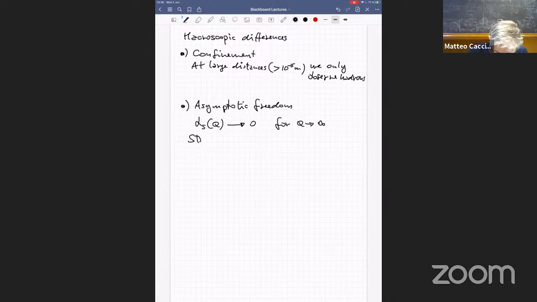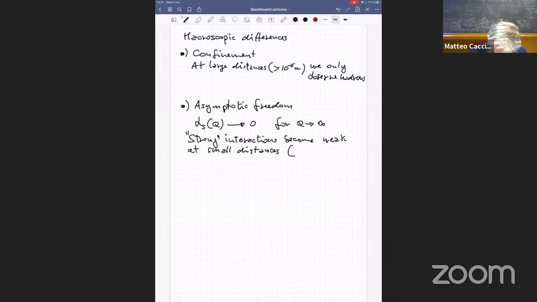So strong interactions become weak at small distances.